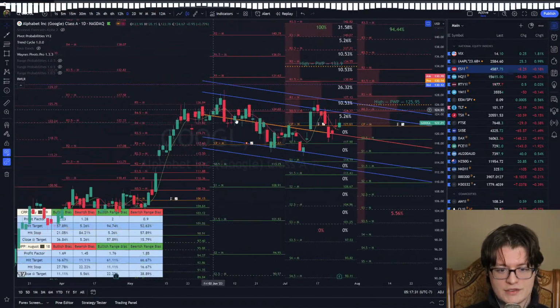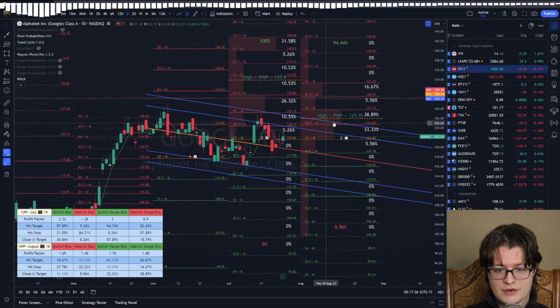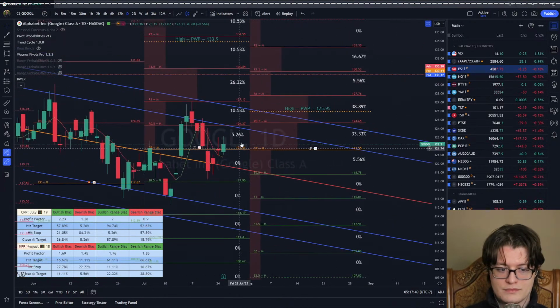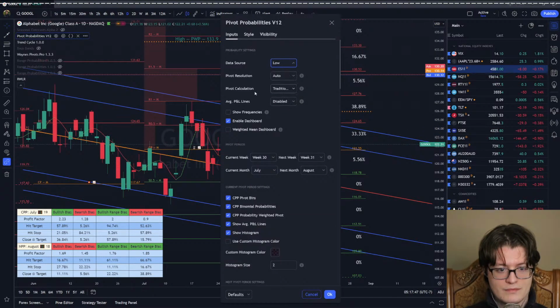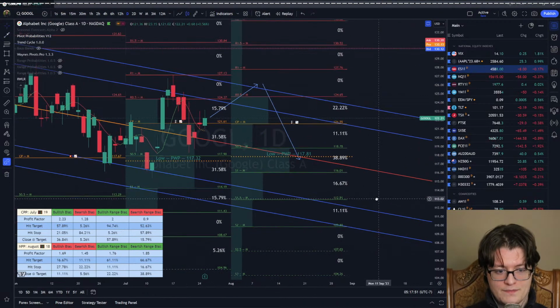Yeah, that is not a super positive trend. But look at that, same exact setup. So it's effectively up here. And then how far? Wow. Yeah.